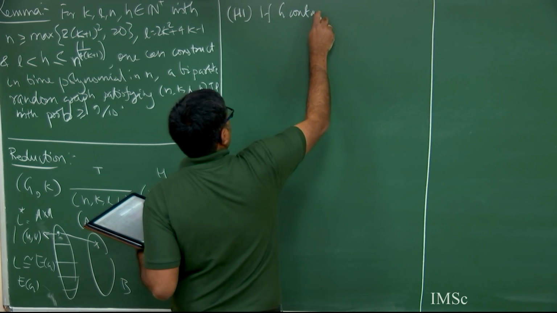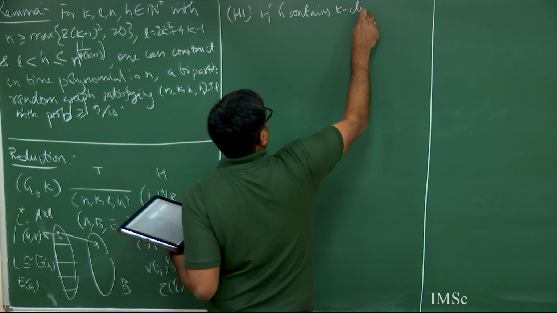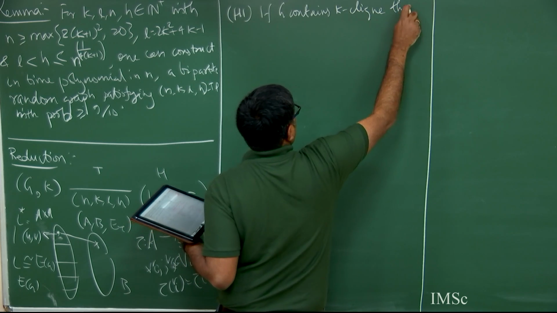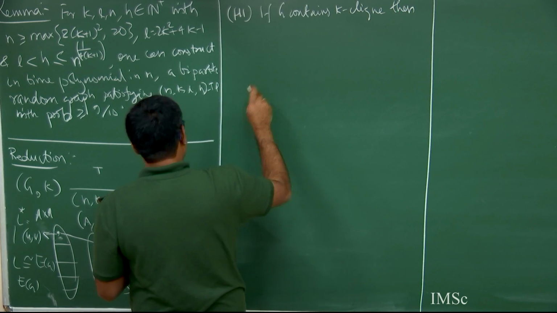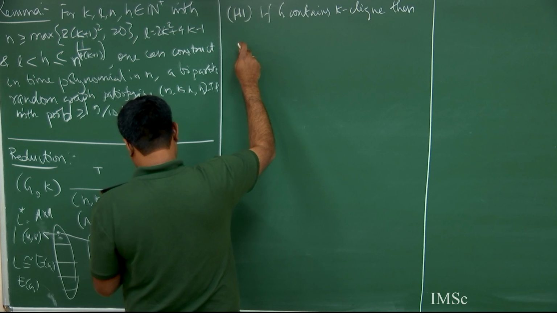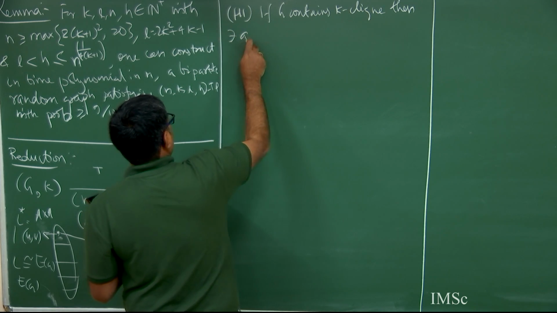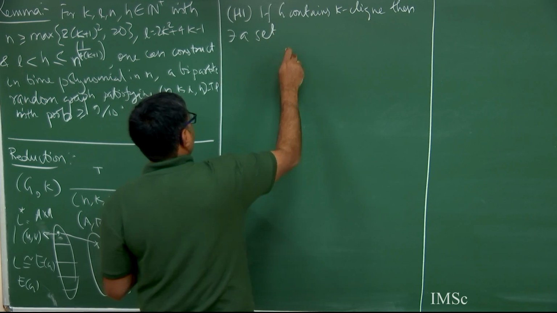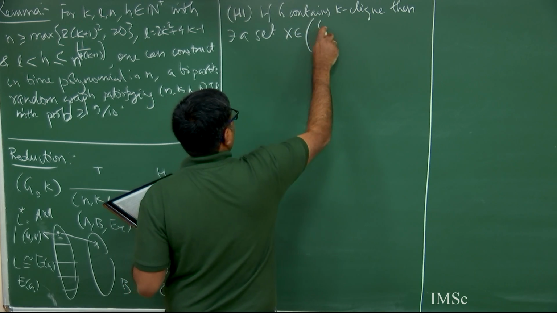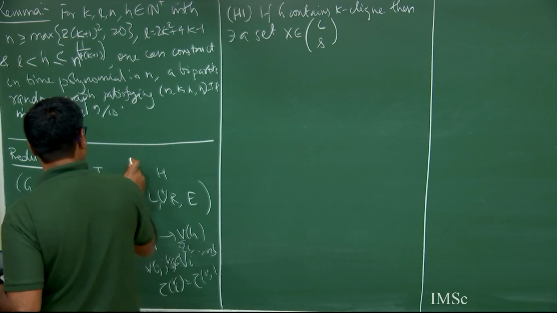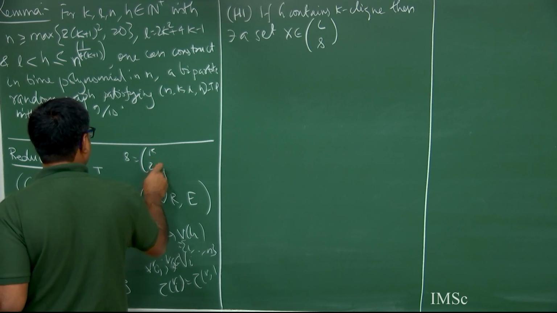If G contains a k-clique, then there exists a set X in L choose S. I will tell you what S is. S was fixed to be k choose 2.